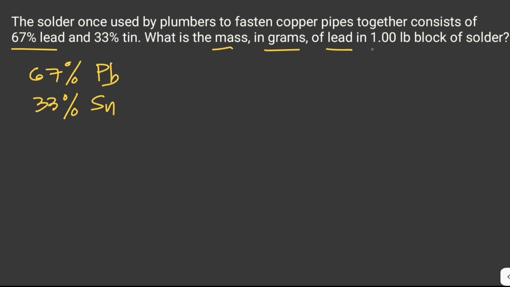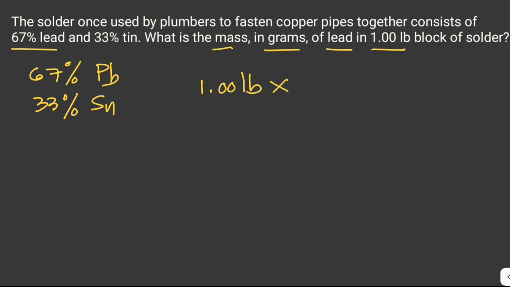Okay, so we're given the weight or the mass of the block of solder, which is in pounds, and we need to get the mass of lead in grams. So we need to convert 1 pound to grams first.